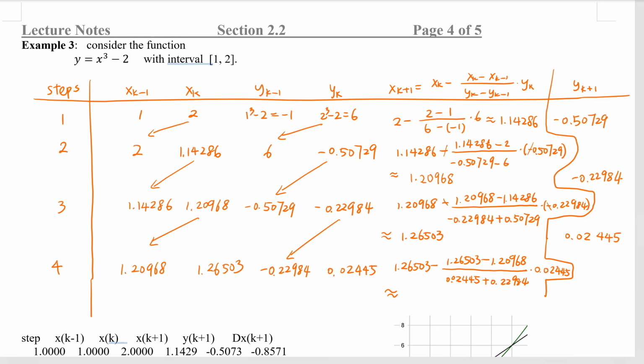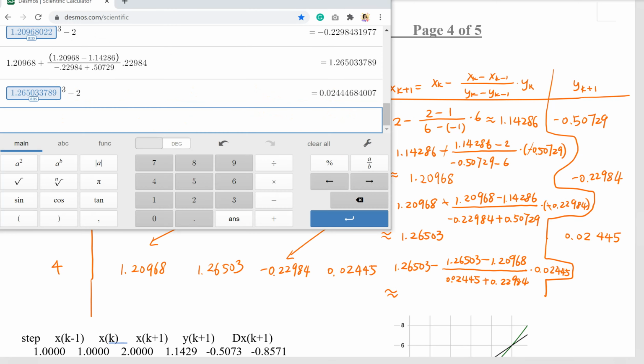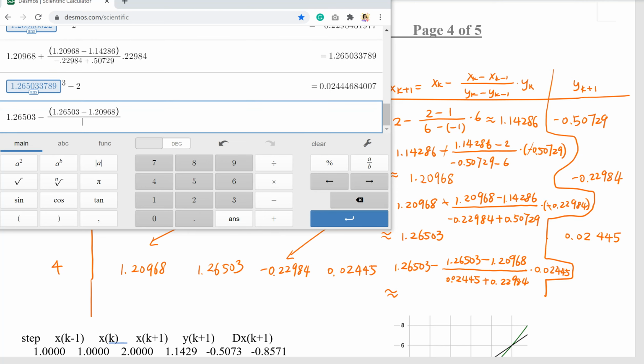Okay. Calculator here. Okay, so we're gonna type it again. 1.26503 minus parentheses 1.26503 minus 1.20968 divided by, okay, this is 0.02445 plus 0.22984 times 0.02445.